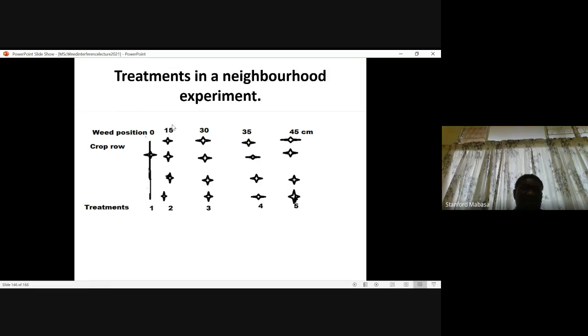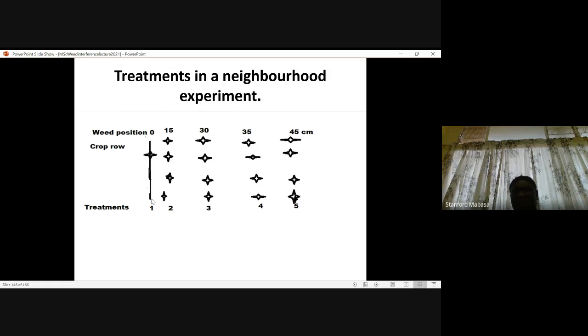Then we can have weeds positioned away from this crop row, some now at 30, 35, and 45.